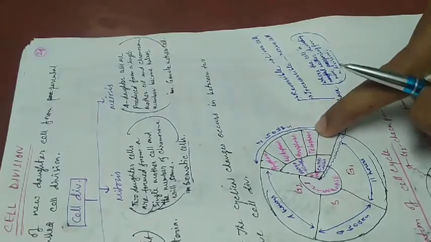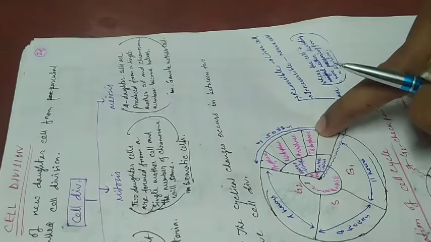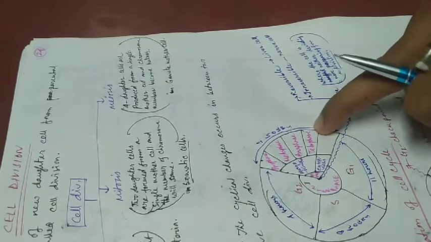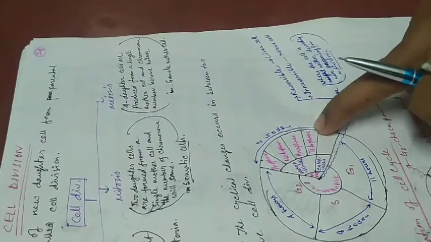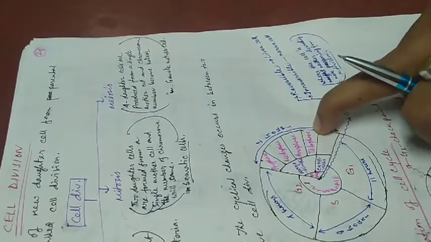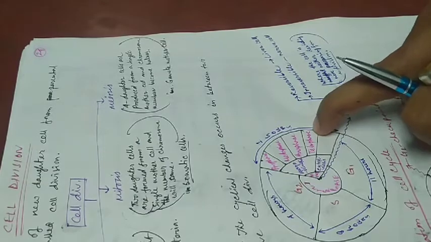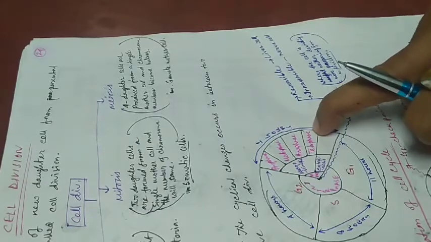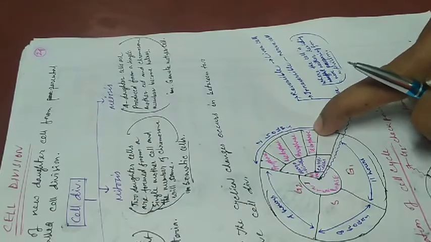In telophase, two daughter nuclei form inside the cell. At that stage, the cell contains two nuclei for a certain period.